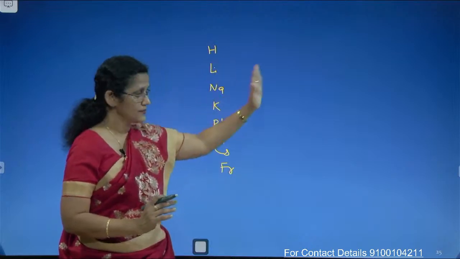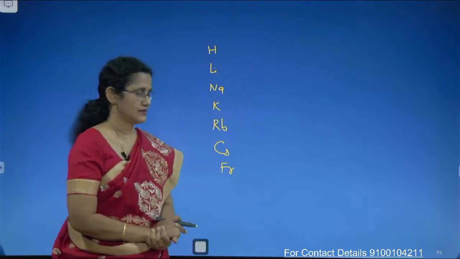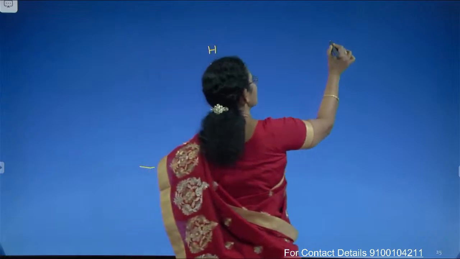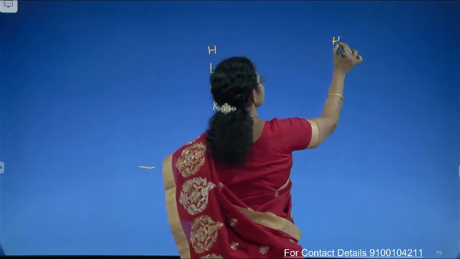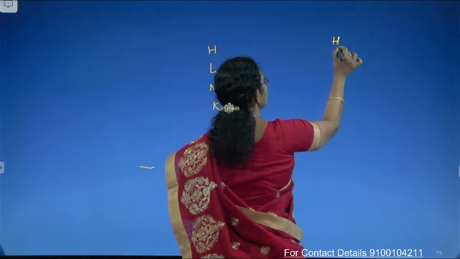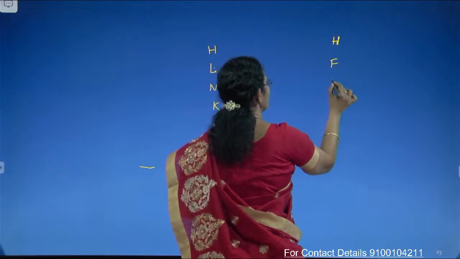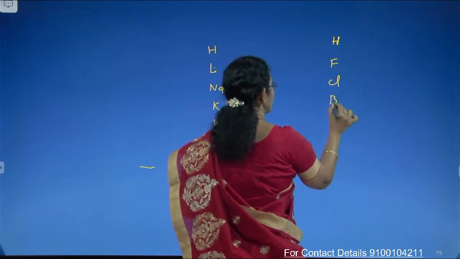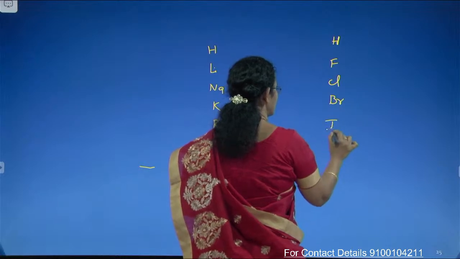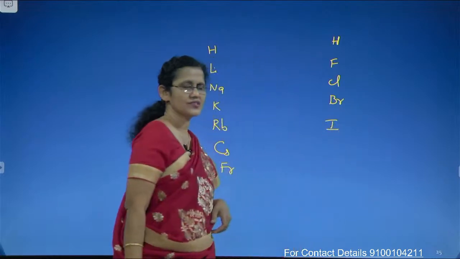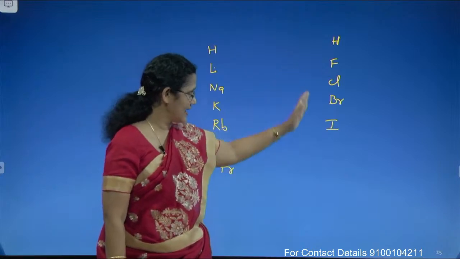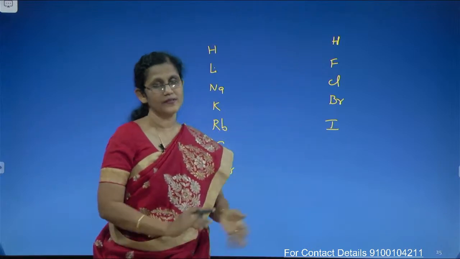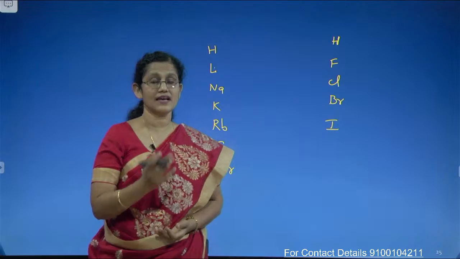Hydrogen can also be placed under halogens. For example, hydrogen, fluorine, chlorine, bromine, iodine. See, if I place hydrogen under halogens, in certain properties it resembles halogens.